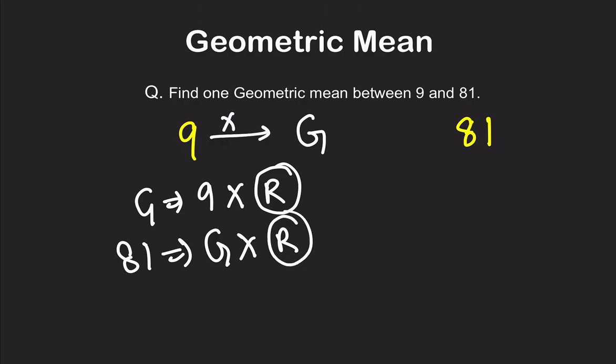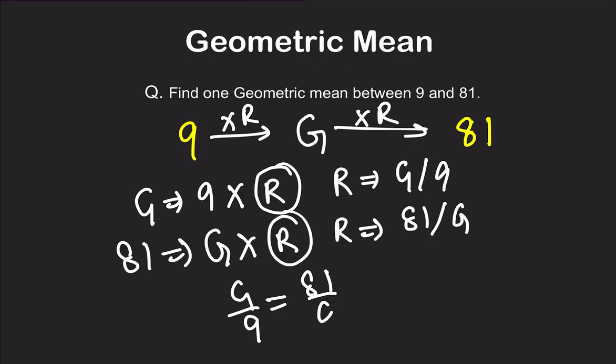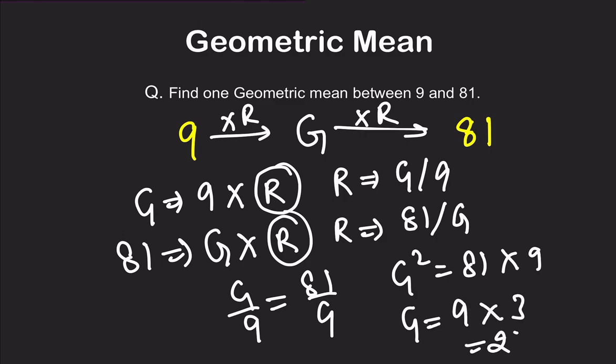Means 9 multiplied by R is G, and G multiplied by R is 81. Now R from the first is G by 9. R from the second is 81 by G. So G by 9 is equal to 81 by G. G square is equal to 81 into 9. G will be 9 into 3, 27. This is how you can calculate the geometric mean.